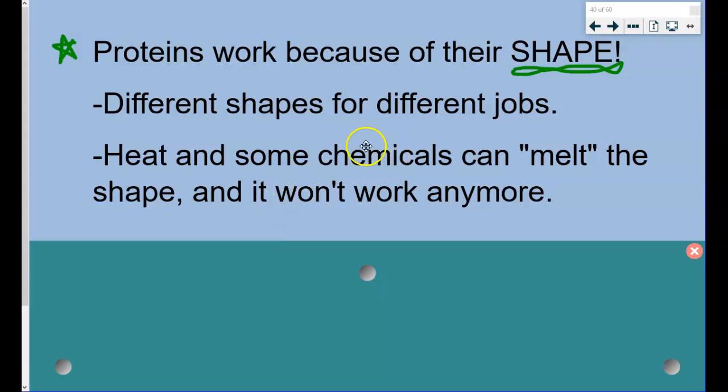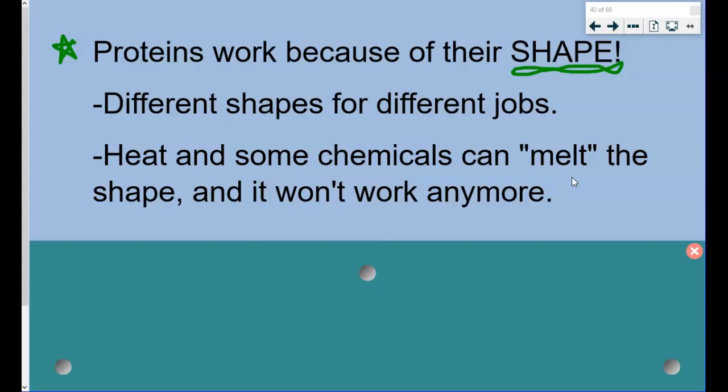And this also happens with some chemicals too. Okay, so there's some cooking techniques where instead of using heat to cook with, some chefs will use acid. And if you put the acid on the meat, it acts like it's cooking the meat. It'll kill all the bacteria and it will kind of melt some of those protein shapes. That'll soften it and make it easier to chew.